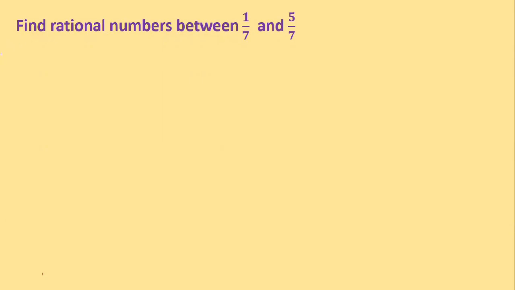Now let us find rational numbers between two rational numbers, 1 by 7 and 5 by 7 here.